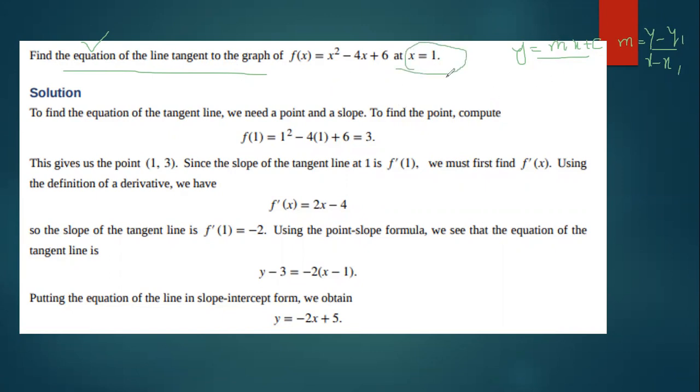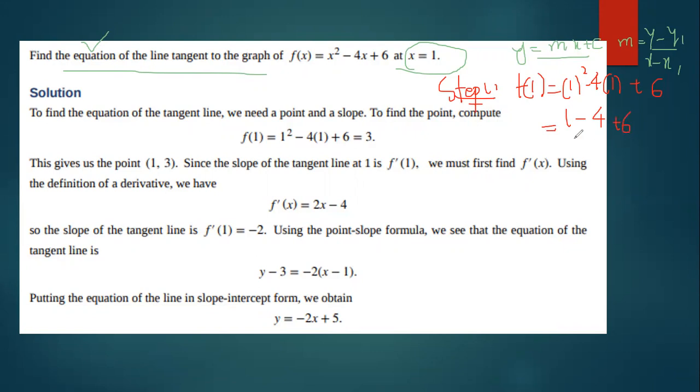First, step number 1. We have to put the value of x in the function. So x equals 1, so it will be written as 1 squared minus 4 times 1 plus 6. So this will be 1 minus 4 plus 6.